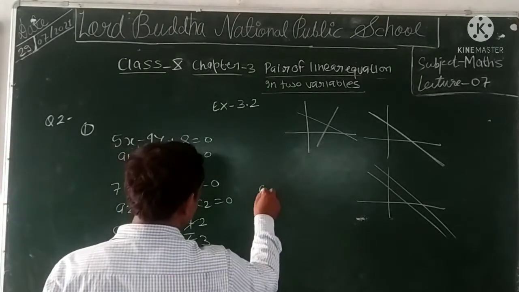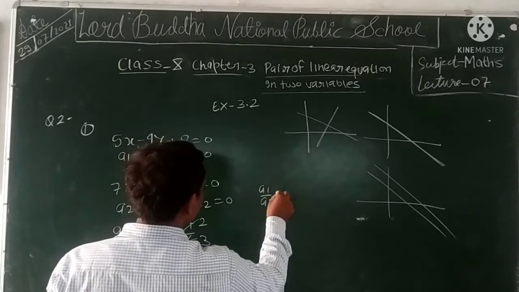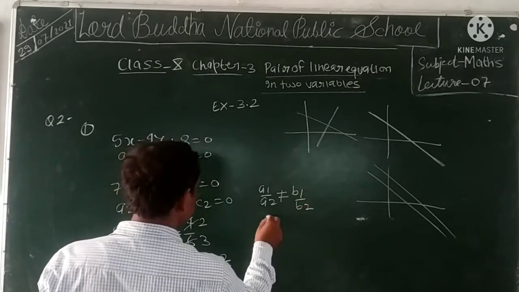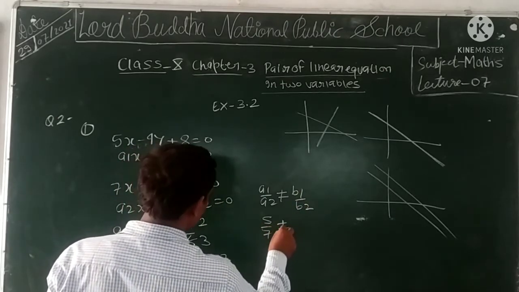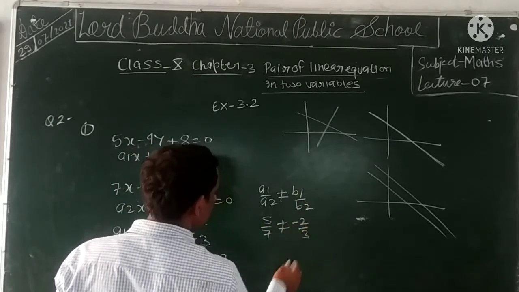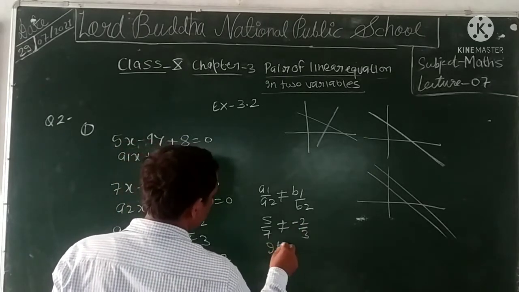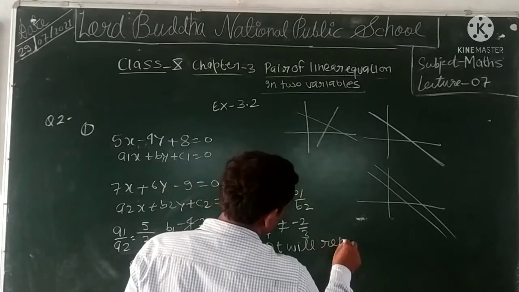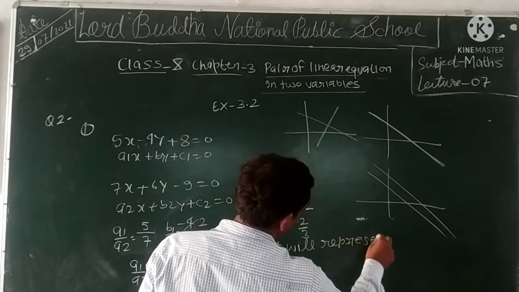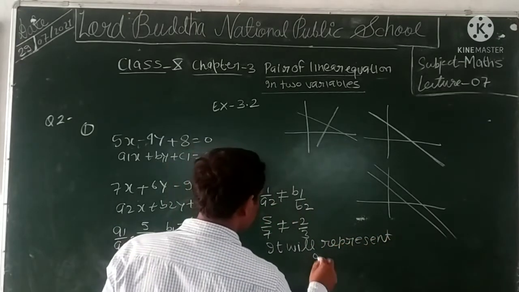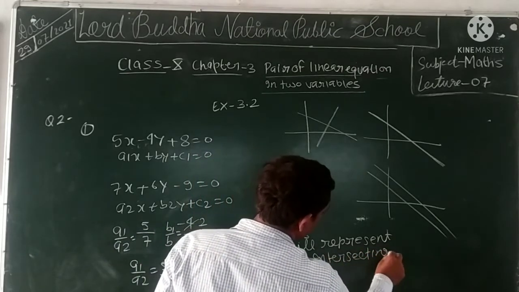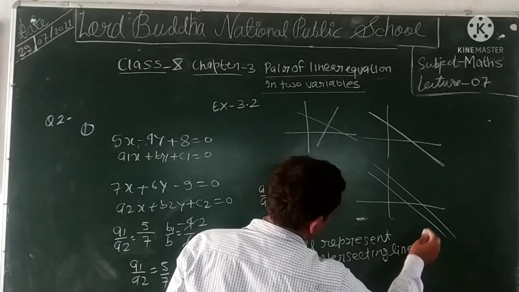Hence, the first condition applies: 5 upon 7 is not equal to minus 2 upon 3. Hence, it will represent intersecting lines.